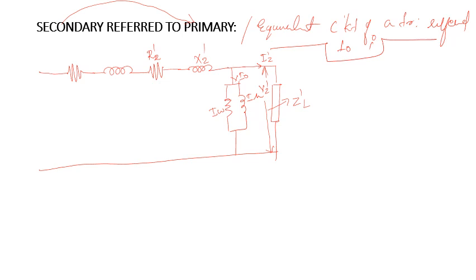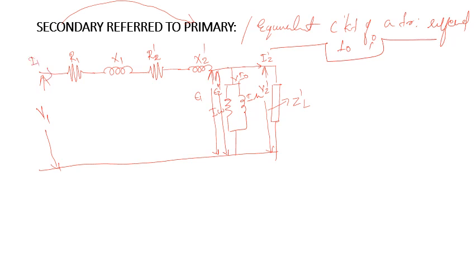And similarly, I have to draw E1 and E2 dash. E2 dash is nothing but the secondary induced EMF which is converted into the primary side, then it is known as E2 dash. Okay, here it is R1, X1, supply voltage V1, I1 will be here.